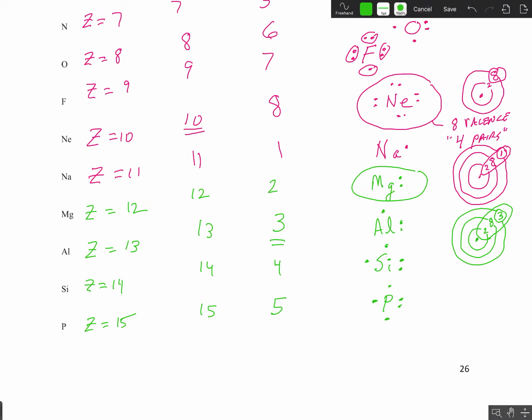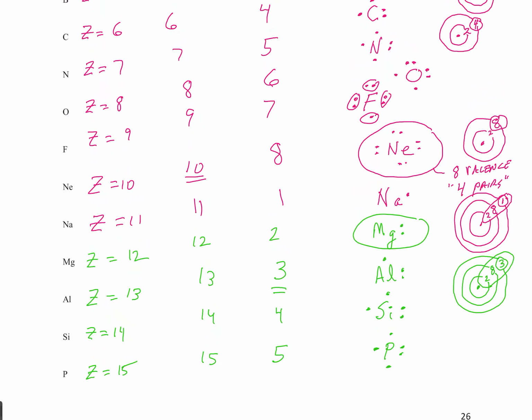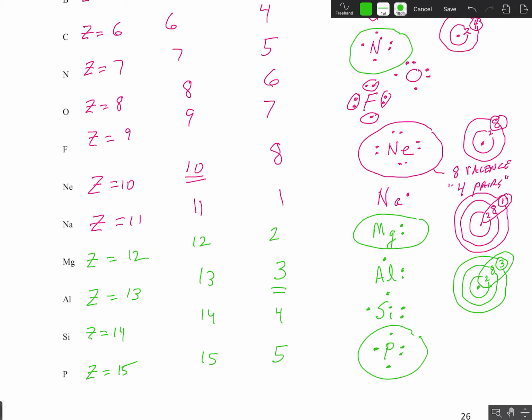Isn't that interesting? I think it's also interesting to note at this point in our video that phosphorus's dot picture looks remarkably similar to another element that we've done recently. Take a look at phosphorus's dot picture and nitrogen's dot picture. Do you notice their dot pictures are the same? Yeah, they are.